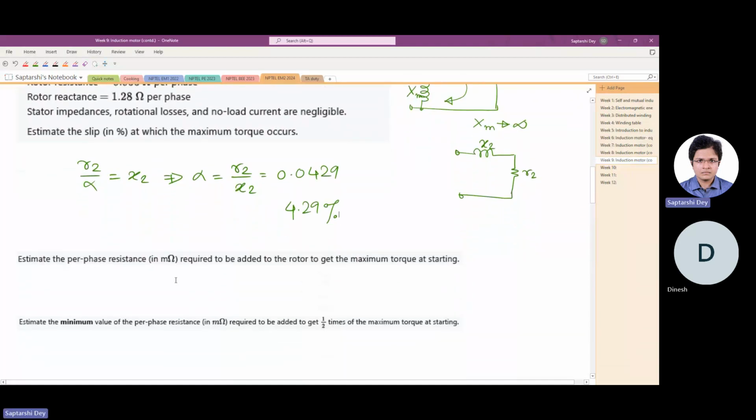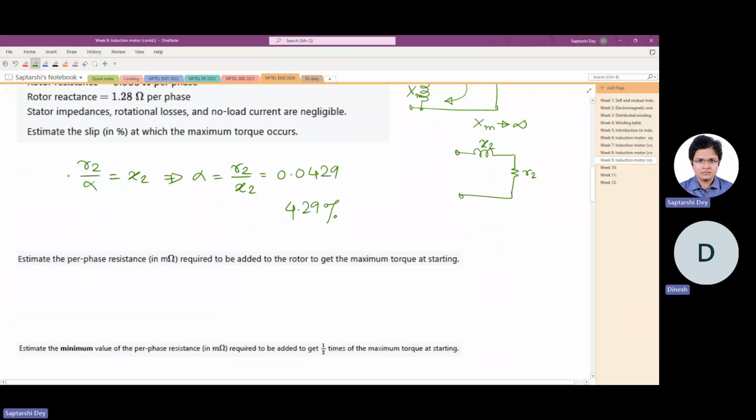Now estimate the per phase resistance required to be added to the rotor to get the maximum torque at starting. So we want alpha to be equal to 1. The peak torque at starting means alpha is equal to 1. Starting slip is 1, that means R2 should be equal in magnitude to X2. X2 is 1.28.